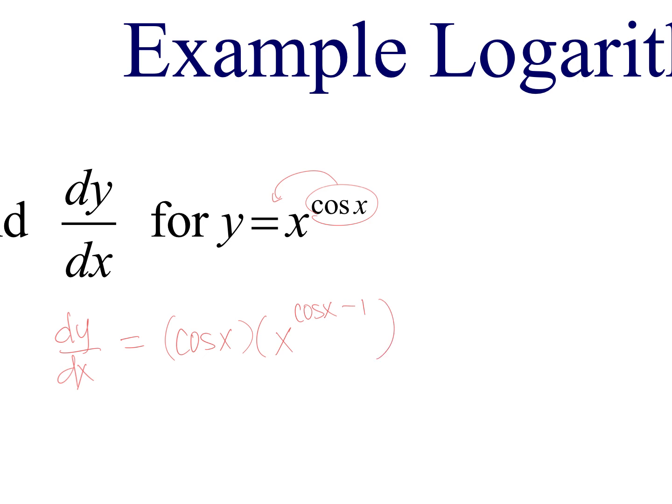Okay, that's a complete misappropriation of the power rule. The power rule only applies to numerical constants. It doesn't apply to variable constants. So this would be an inappropriate use of the power rule.